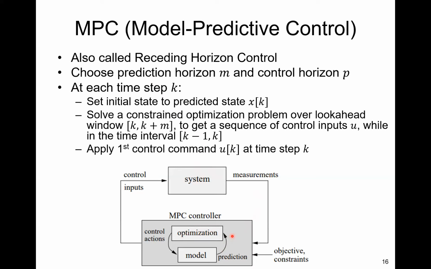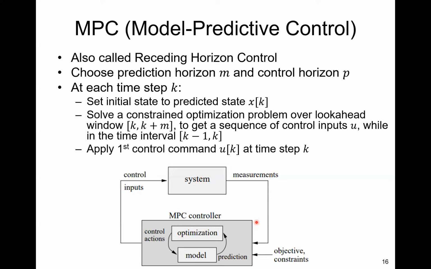At every time step K, you set the initial state to the predicted state at K and solve a constrained optimization problem over a lookahead window K to K plus M to get a sequence of control inputs U. U is applied for the current time step from K minus 1 to K.